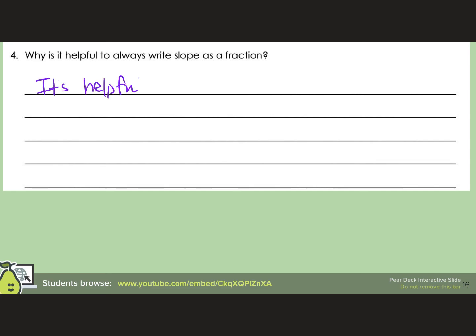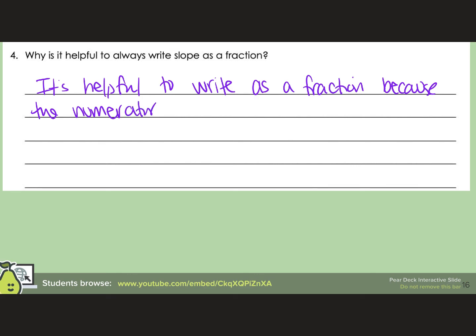It's helpful to write slope as a fraction. We're writing complete answers, you guys. Don't start with because. I don't know what you're talking about. It's helpful to write slope as a fraction because the numerator, that's the number on top, tells us how far to move up or down.